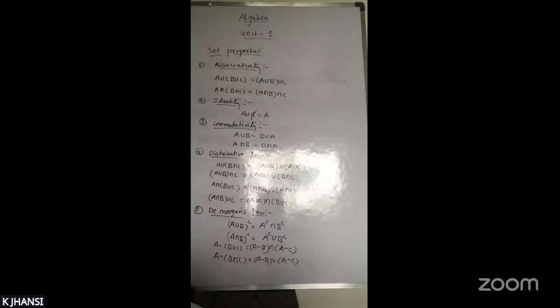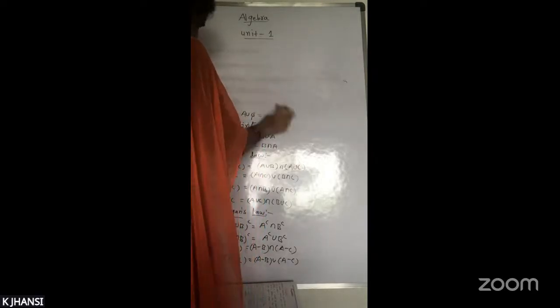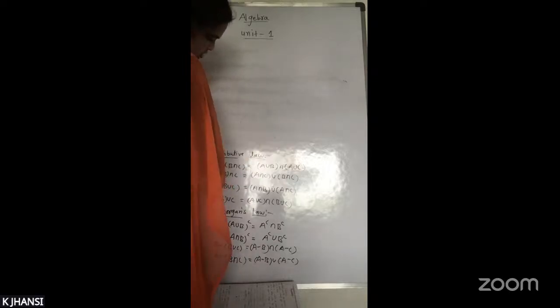Cartesian product is nothing but if set A and set B are there, and you do A cross B, that is A into B, then whatever ordered pairs we get are called the Cartesian product of the given two sets. Try to remember all these concepts, because they will be useful in higher classes also.